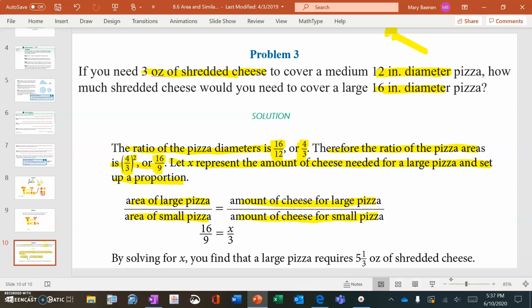The large pizza's area is 16 to 9, as we said before. For the large pizza, we don't know how much cheese. The small takes 3 ounces. If you cross multiply and solve for x, it gives you an answer of 5 1/3 ounces of shredded cheese.